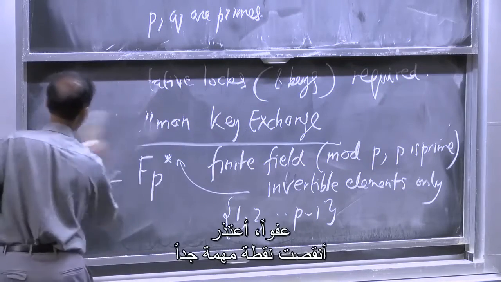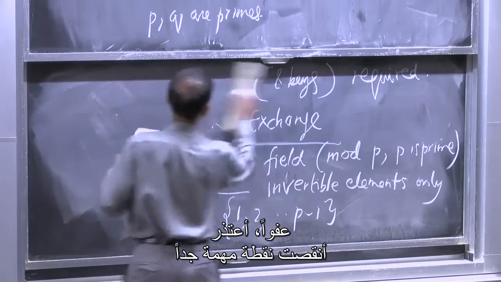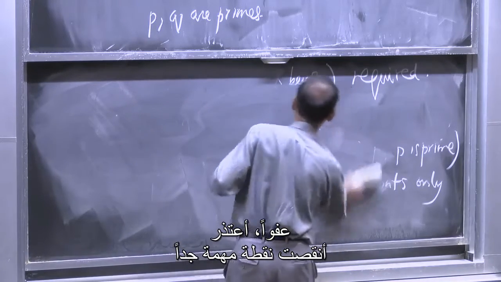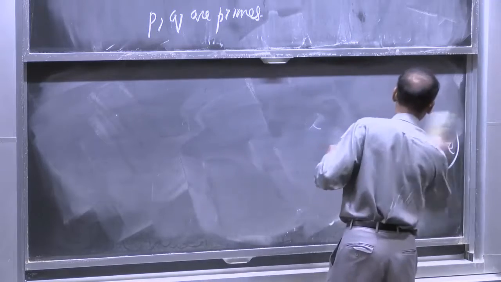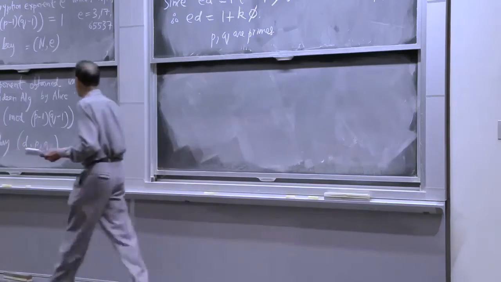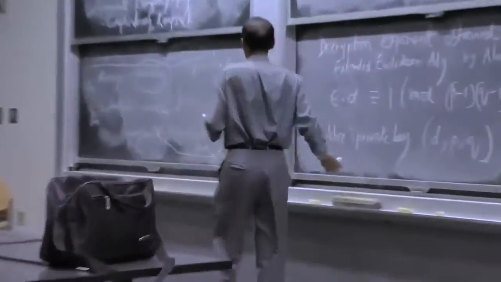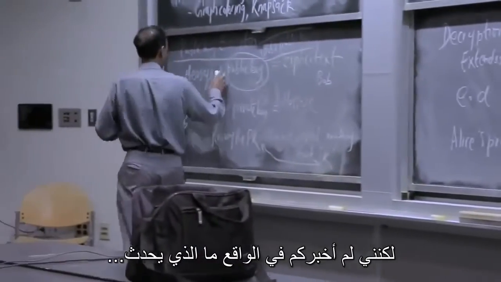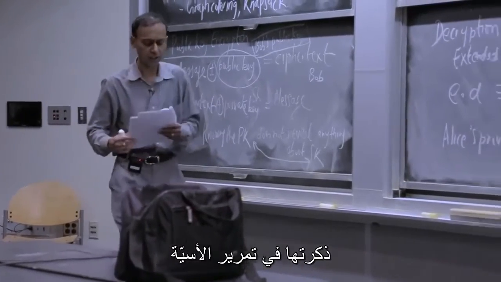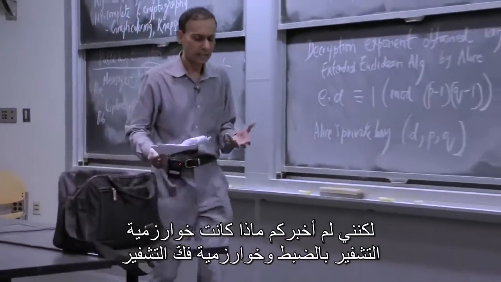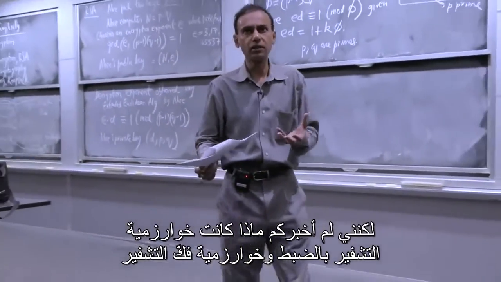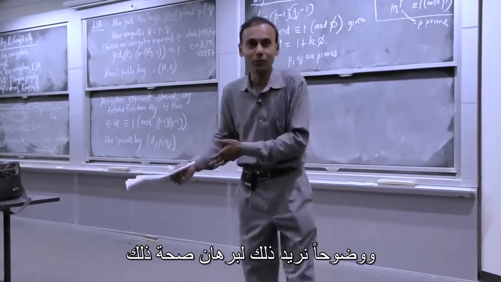I'm sorry, I missed one crucial point which I should have told you. I mentioned exponentiation in passing, but I didn't tell you exactly what the encryption algorithm and the decryption algorithm were, and obviously you need that in order to prove their correctness.